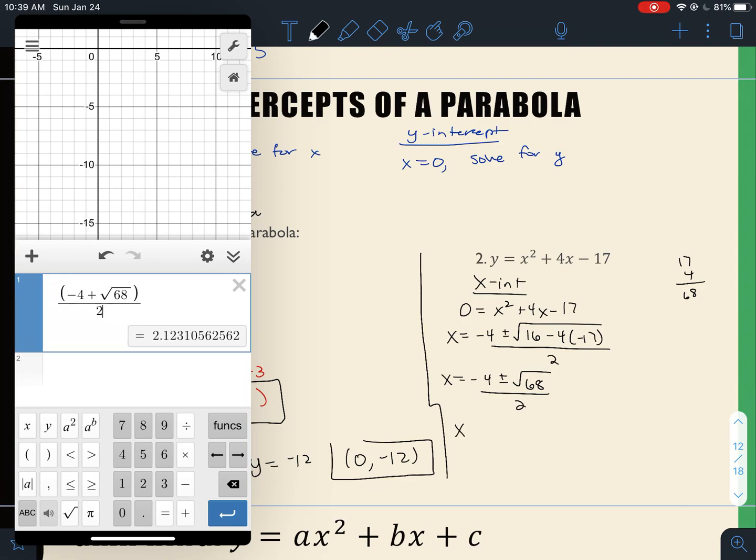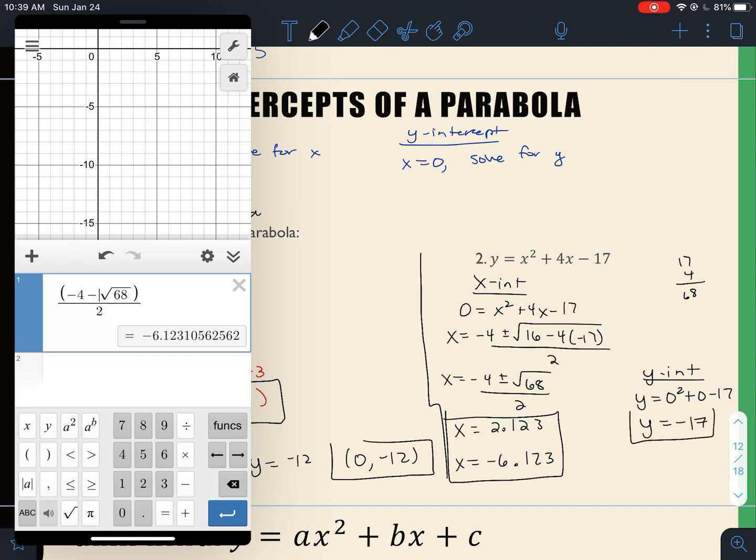And so one of my x-intercepts is going to be 2.123. And then we're going to subtract the square root of 68. And my other x-intercept is going to be at negative 6.123. So those are going to be my 2 x-intercepts. To find the y-intercept, plug in 0 for x, and we would get y equals 0 squared plus 0 minus 17. So my y-intercept is going to be negative 17.